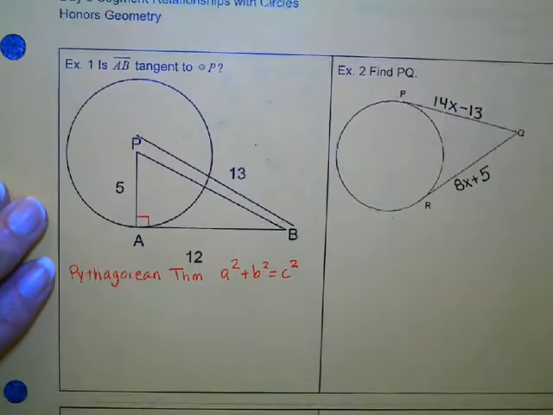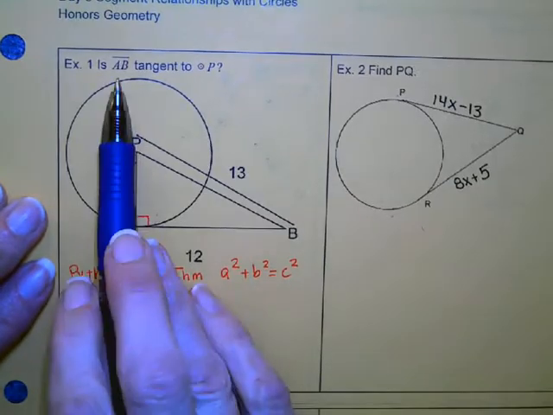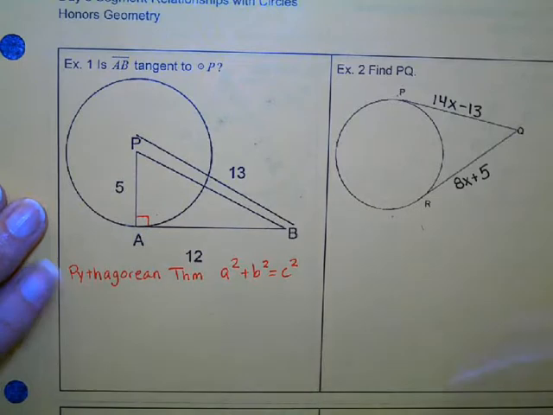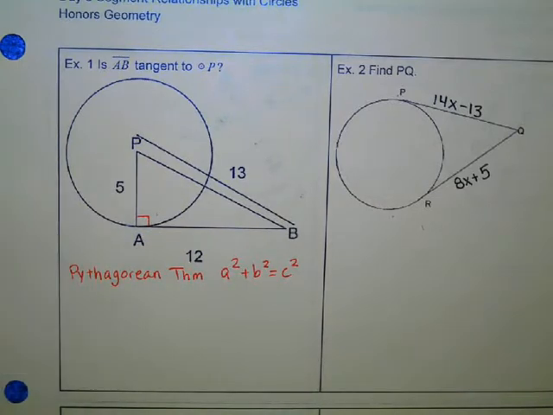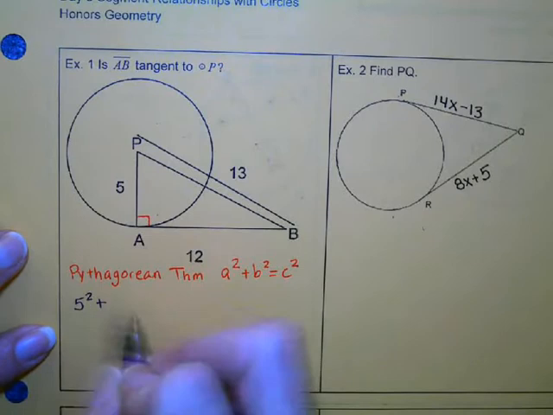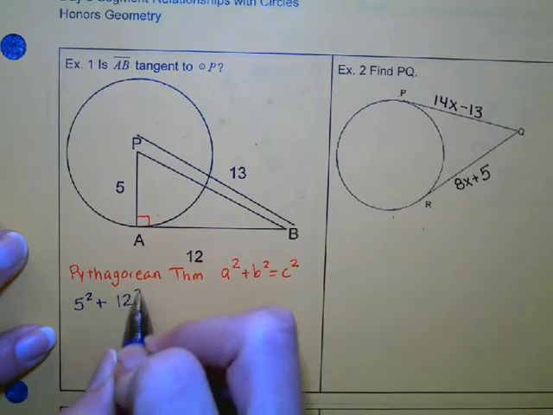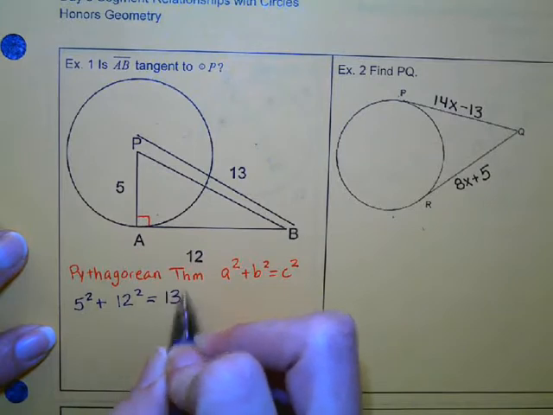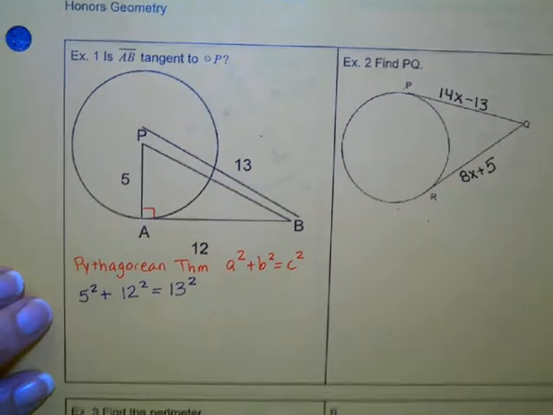So if AB is tangent, then at corner A here, this has to be 90 degrees in order for this to be a tangent line. So we have 5 squared plus 12 squared equals 13 squared. And to prove it, we square each of them, see if they're equal.